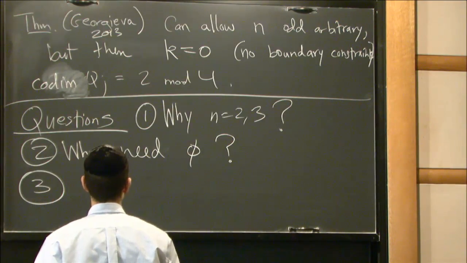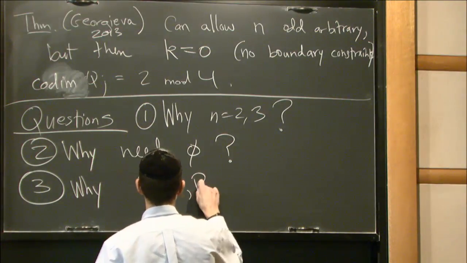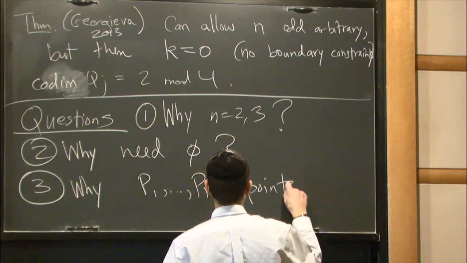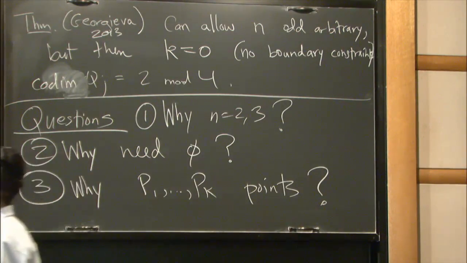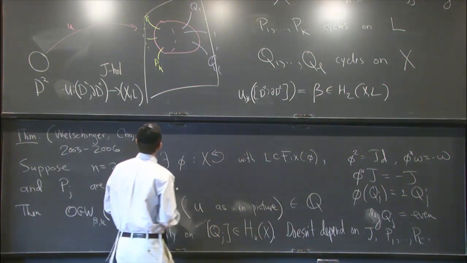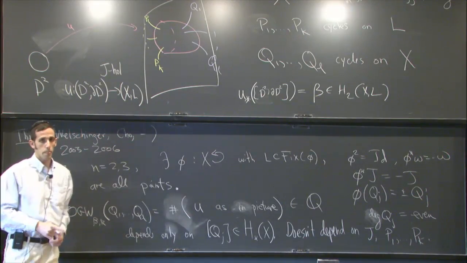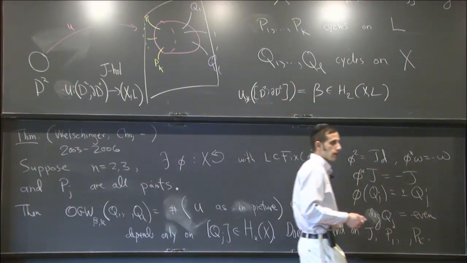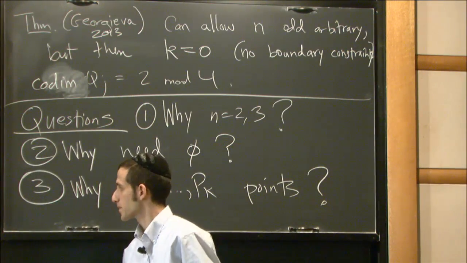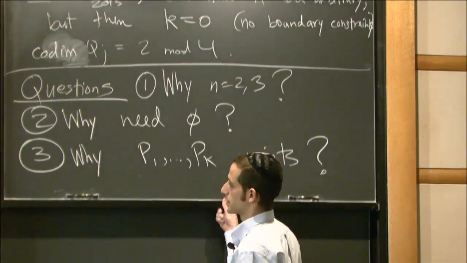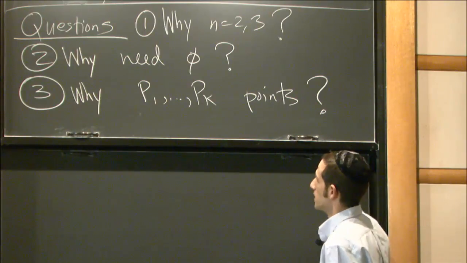Okay, and third, why do we need phi and why are P1 to Pk points? So in general, you could imagine counting holomorphic disks which pass through a whole bunch of different constraints, constraints on X and constraints on L, but in the examples that we know, what comes up is just point constraints on L. And you can have other kinds of constraints elsewhere, in X, I mean.